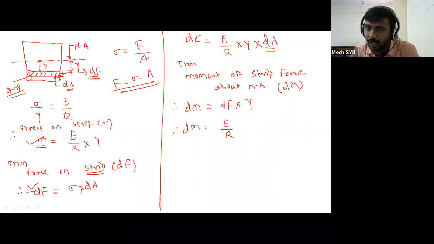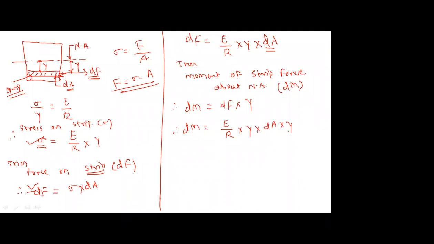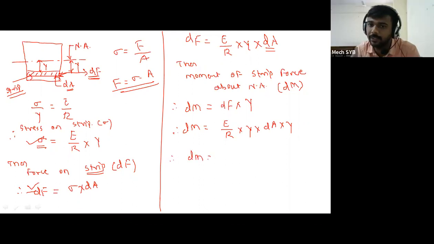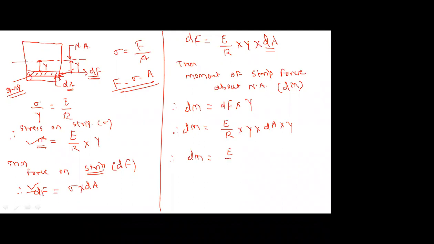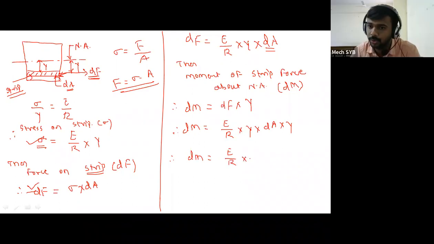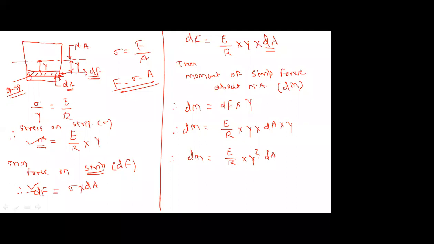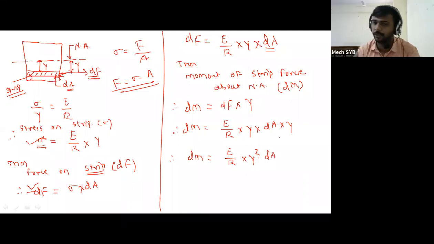E upon R into y into dA into y. Next step will be dM is equal to E upon R into y square dA. Okay.